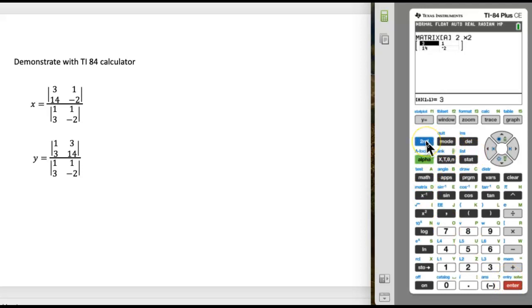So now I'm going to quit this. Second mode is quit. And I'm going to go back to my matrices. So second matrix. And I want to edit another matrix. Let's look at the Y first. We'll call that matrix B, the numerator in Y. So we're going to create a 2 by 2.